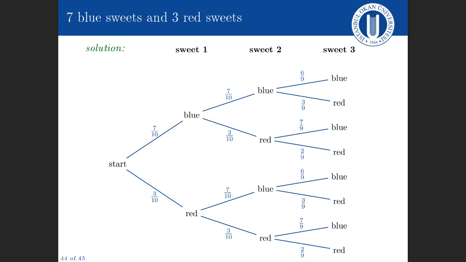Instead, let's suppose he eats a red sweet. Then there are 7 blue sweets, but only 2 red sweets left. So the probabilities are going to be 7 over 9 and 2 over 9. And that's how we draw a probability tree. We read the information in the question and we draw it like this.